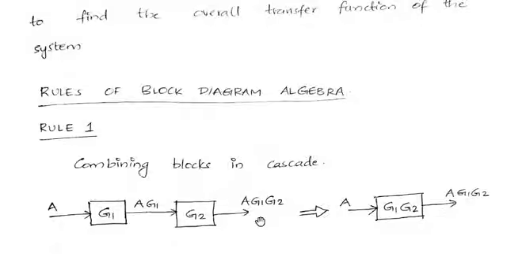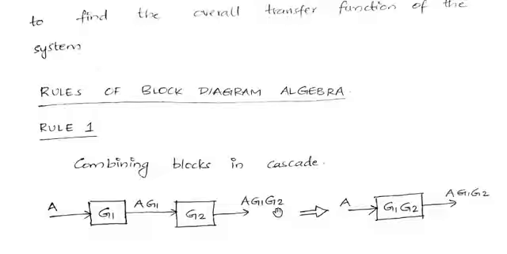Okay, so now what I am trying to do is combine these two blocks into a single block. When you do that kind of reduction, the input output relationship should not change. That means even after the reduction, the input would be A and the output should be AG1 G2.